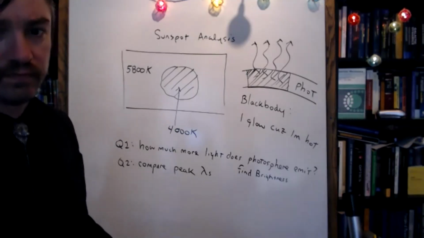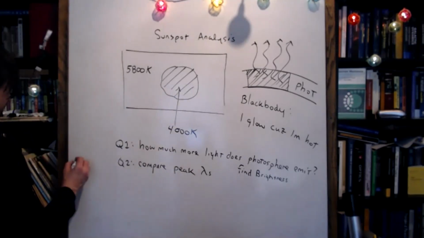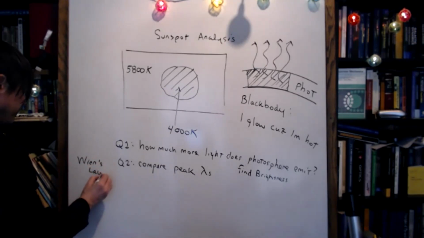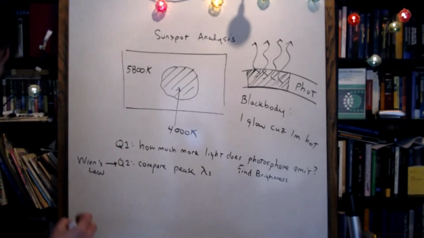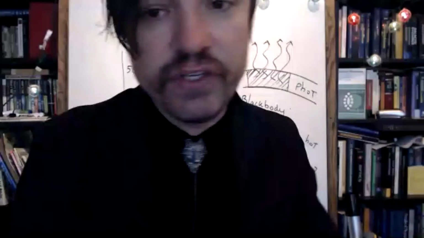Christopher, which formula would allow us to calculate the brightness from the given temperatures? Wien's law? Wien is going to give you question 2. So this is what you're going to have to do during the exam.